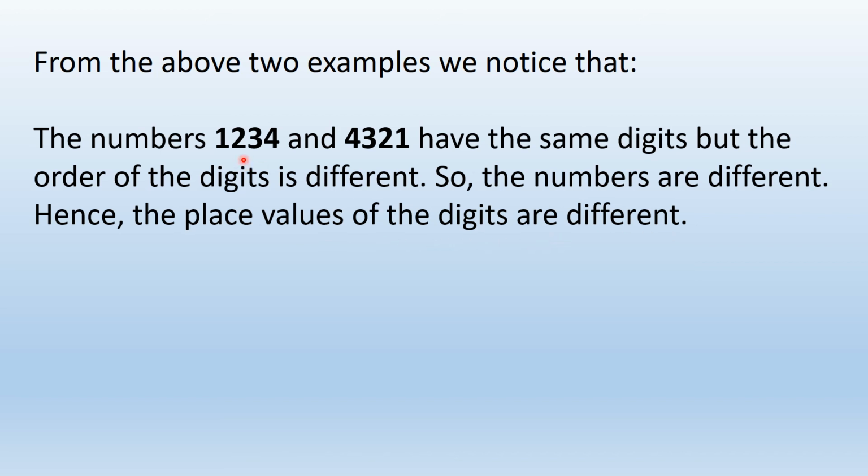So in the above two examples, the numbers considered are 1234 and 4321. Both of these numbers are formed by the same digits, that is 1, 2, 3, 4. But their positions are different. Here the digits are in reverse order with respect to the number in the first example.